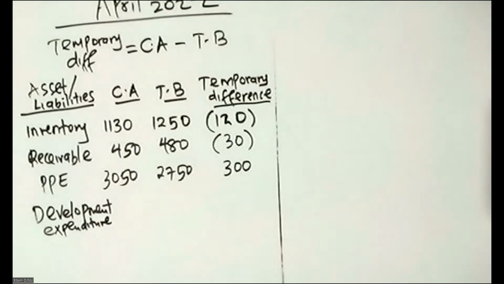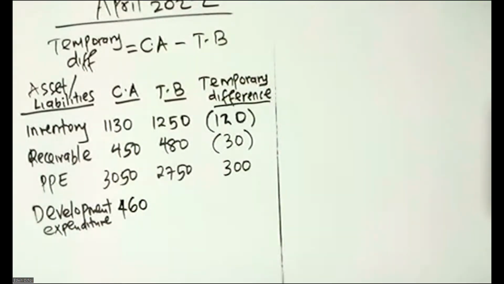You are told that it's amortized by 20, but the value at which it was stated is 480. Amortization is the loss in value, and this amount is charged to profit or loss. So 480 minus 20 is?